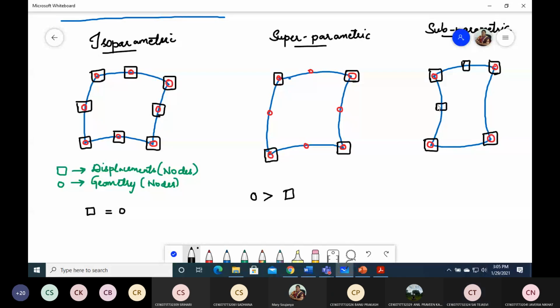Nodes that define property are less, ma'am. Property? There are no nodes that define property here. Geometry. Okay, good. That's right. The elements in which the number of nodes used to define geometry are less when compared to the nodes that define displacements are called subparametric elements.